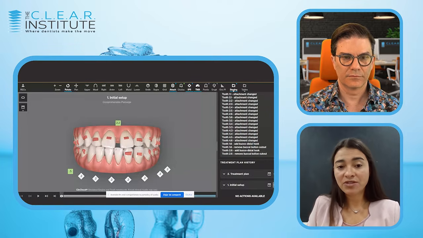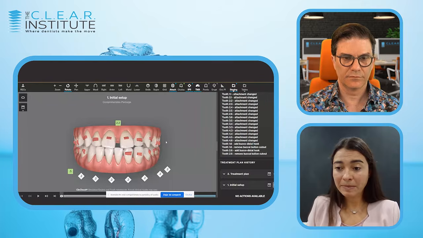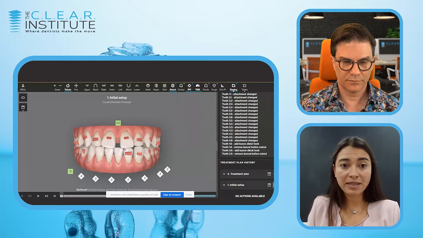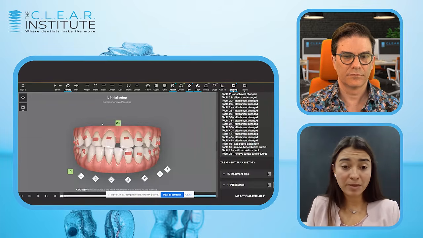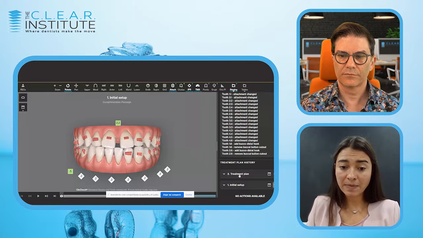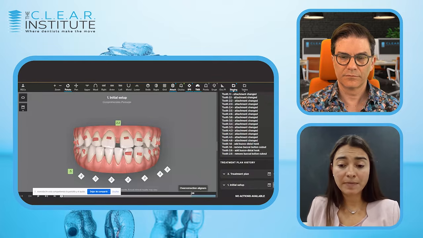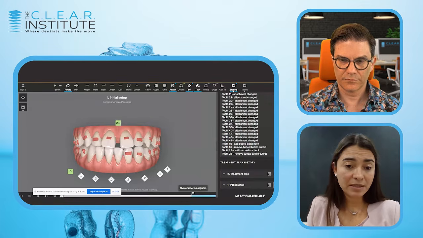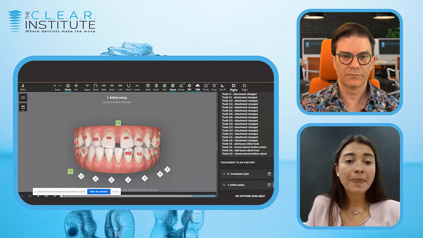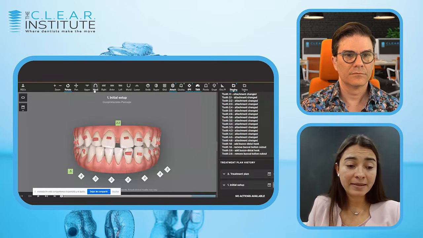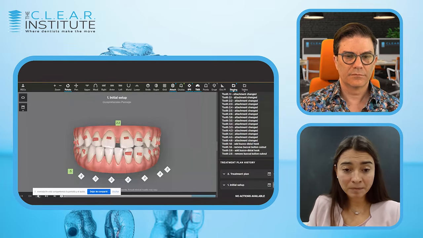This is the initial setup created by Align Technology. We can see here is initial setup number 1. This one has 44 aligners. It has 38 stages plus a few passive aligners, which is the doctor's preference. Let's play it and see what was developed for him.